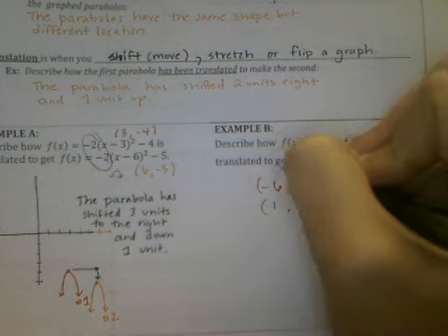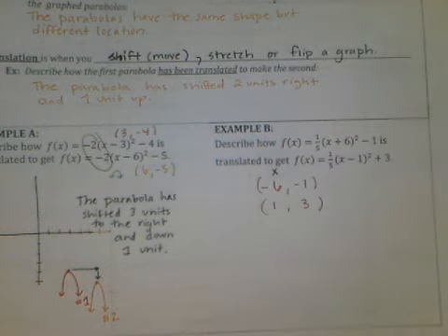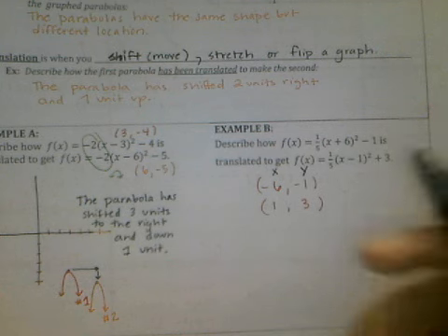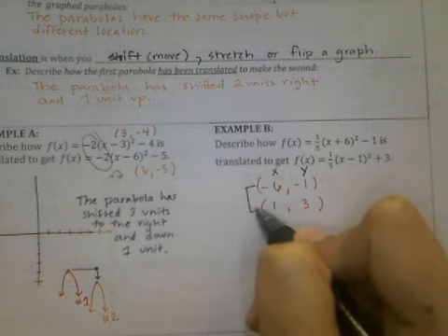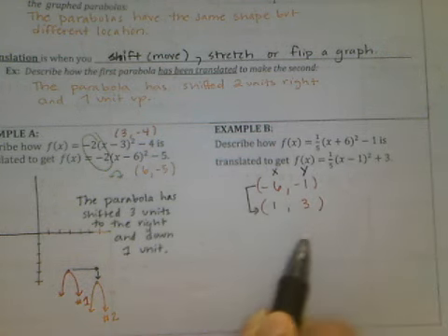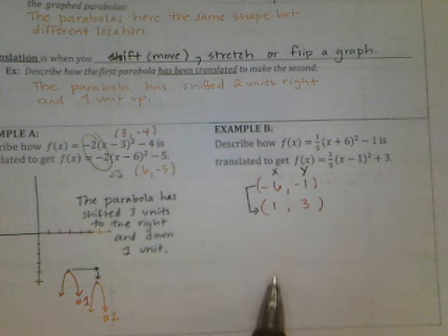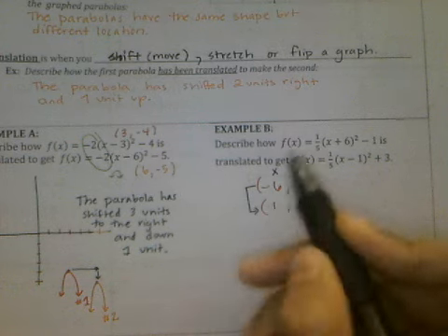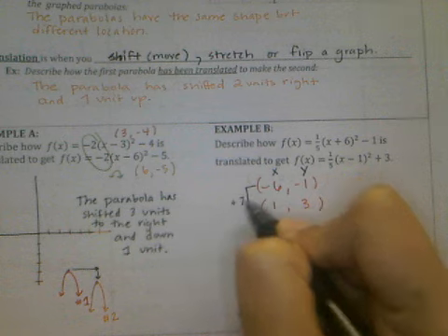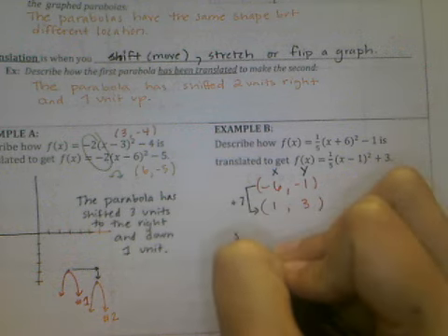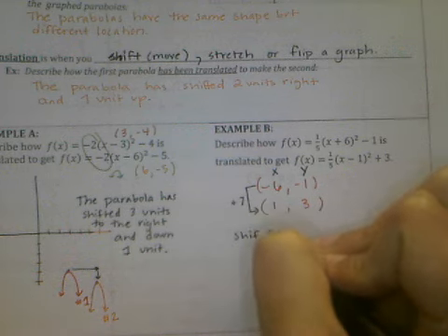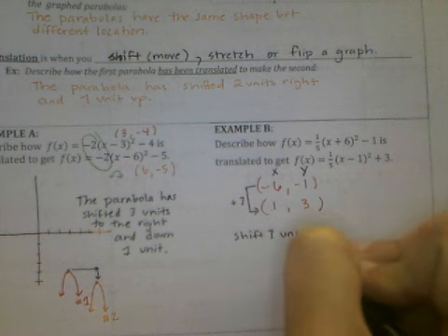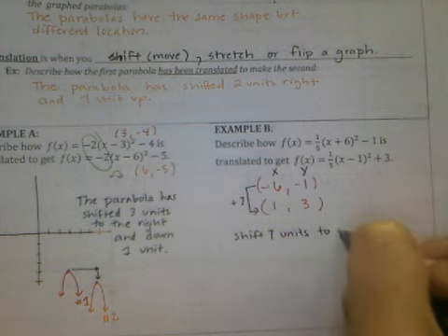And I'm just going to remind myself that these first numbers are the x values, which means that when they change, they're going to control the parabola's right or left placement. So moving from the first parabola to the second, numerically, I'm adding 7, which means the graph is going to shift 7 units to the right.